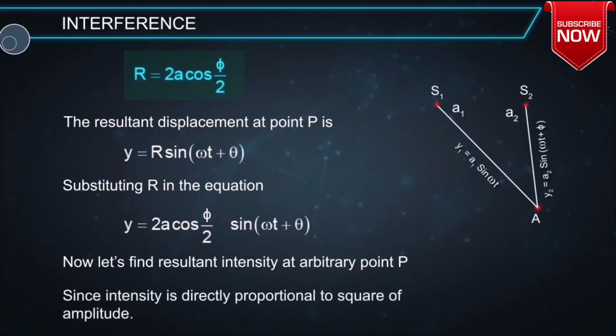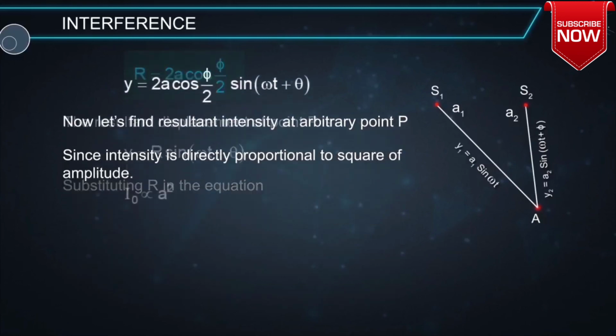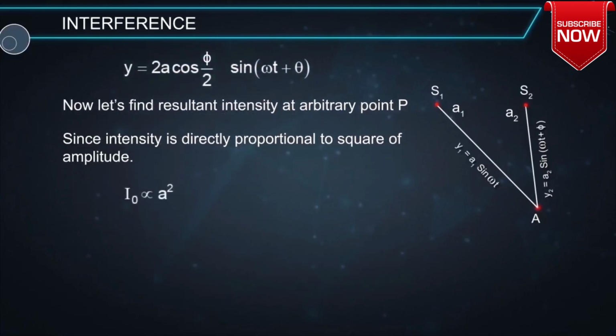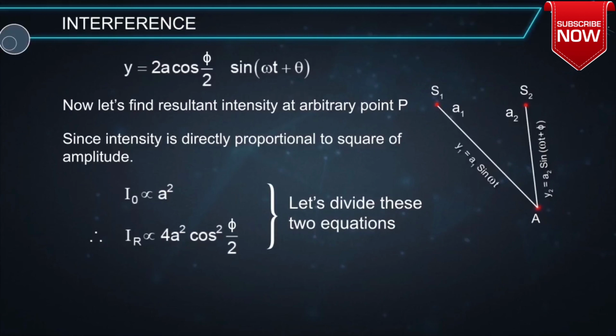Now, let's find the resultant intensity at an arbitrary point P. Since intensity is directly proportional to the square of amplitude, I0 is directly proportional to a square. Therefore, resultant intensity IR is directly proportional to 4a square cos square (phi by 2). Let's divide these two equations.